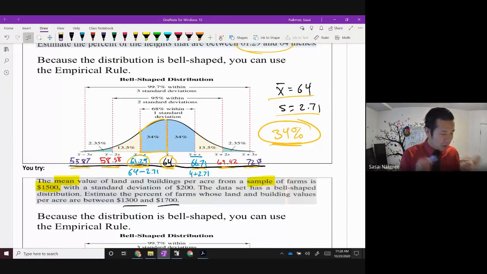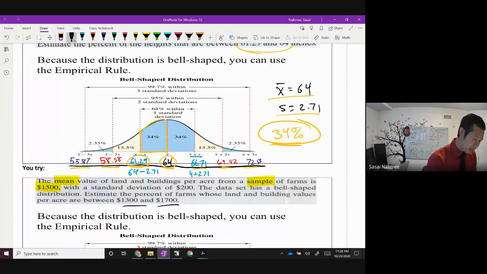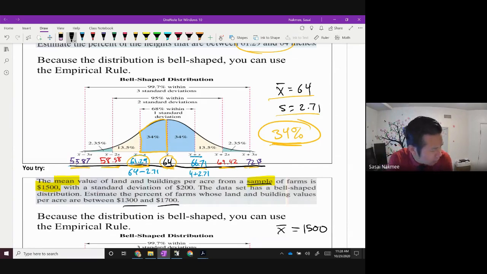So the mean in this U-try that hopefully you're trying in these 2 minutes right now, they tell us that the mean is $1,500. What's the symbol for the mean of a sample? It's not mu. This is the mean of the population. I want to write this down as X bar, right? X bar. That's my mean. My mean is 1,500. Okay?